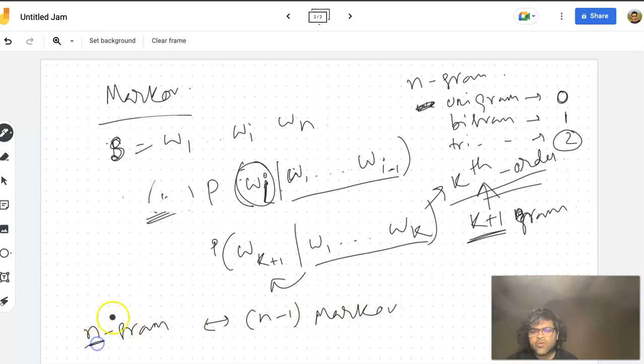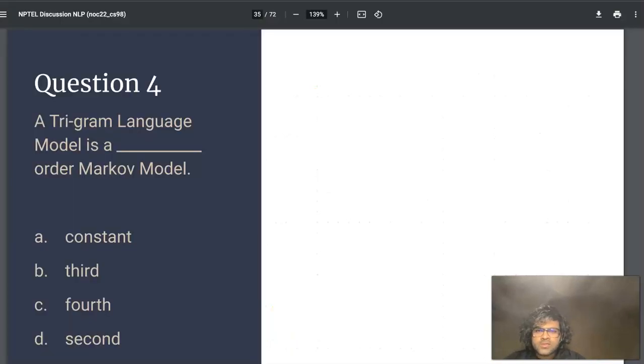Basically in the n-gram model, what do we do? We see the previous n minus 1 characters. In the n minus 1 order Markov model also, we are using the last n minus 1 characters to predict the next one. So the question is: a trigram language model is a dash order Markov model. What will be the answer?